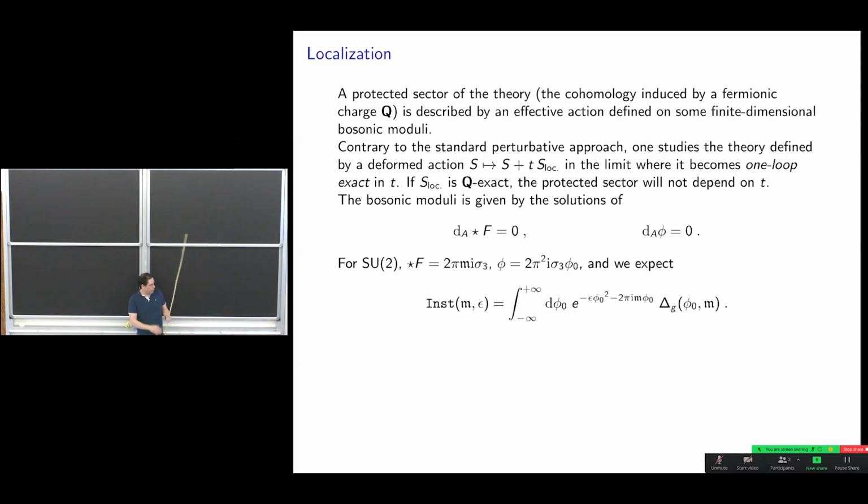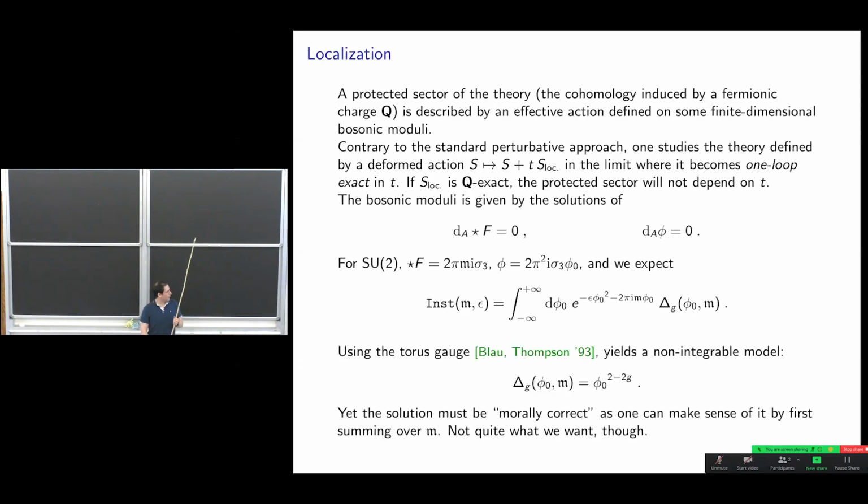So the goal is to compute this quantity, but there is a literature about this because, for instance, there is a result by Blau and Thompson already in the early 90s where they computed this. And this gives this monomial. And this is also pretty much the result that you get when you study the same problem, but in a more general context, by doing localization for twisted N=(2,2) theories in 2 dimensions.